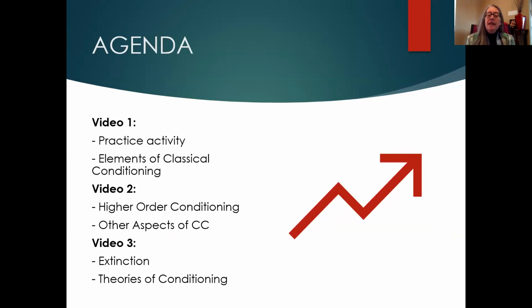So in the last video, when we talked about higher order conditioning, and especially the different factors that affect classical conditioning, I wonder if some of your interventions were modified. Now that you know that delay conditioning is much better than simultaneous conditioning, you're probably going to utilize delay conditioning if you had simultaneous conditioning in your initial intervention strategy.